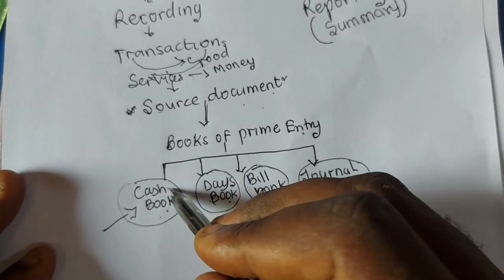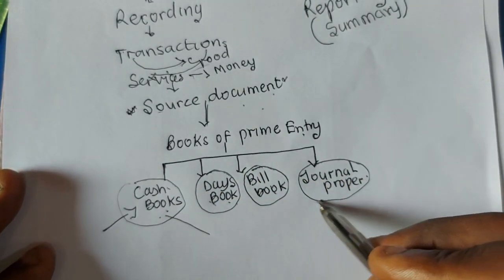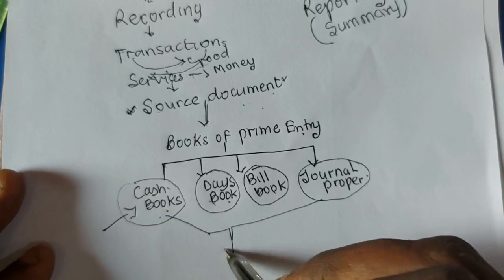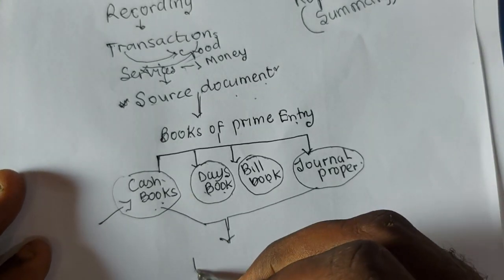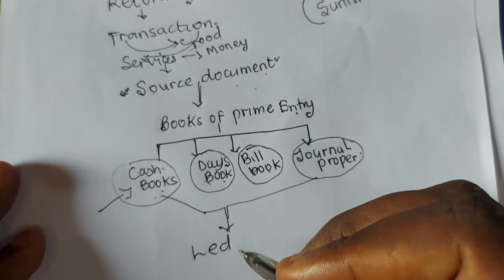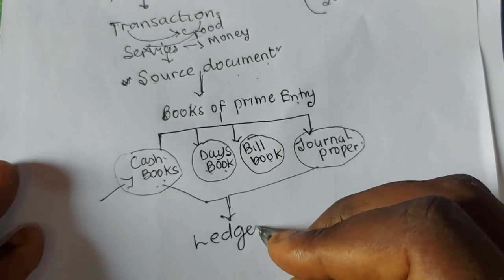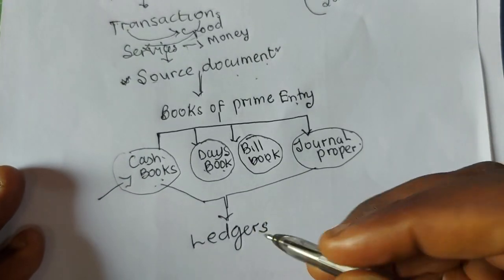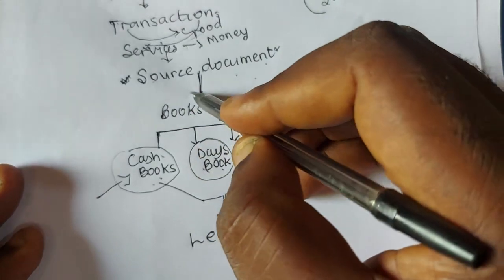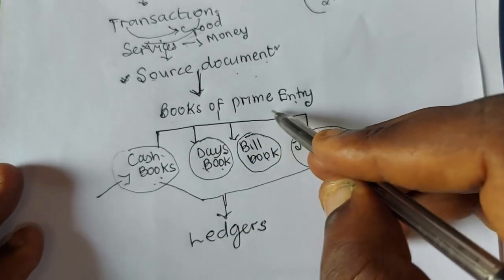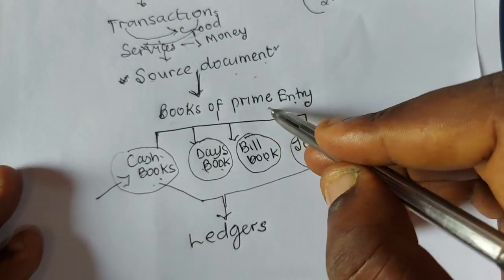Then after this, all these transactions will be transferred into what we call ledgers. Don't forget, from source documents you record into books of prime entry or books of original entry.